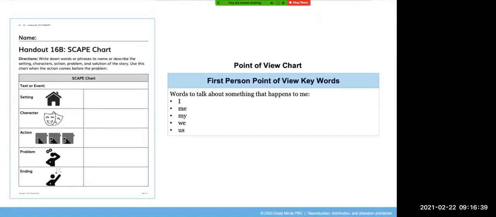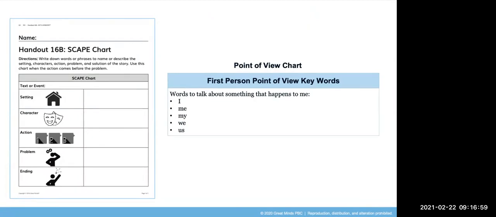Now it's time to practice your narrative out loud using your story elements in your Scape Chart. Also, up on the screen are the key words that you can include to show your reader that you are using first-person point of view.